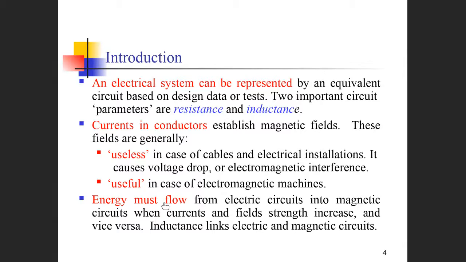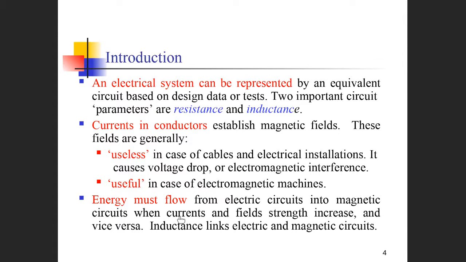Generally, in electric circuits and electric systems, there are currents, there are magnetic fields, there are charges, all are energies. Energies can move from one side to another. So energy must flow from electric circuits into magnetic circuits when the currents and field strength increase, and vice versa.